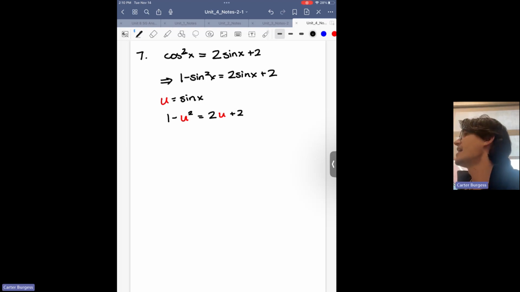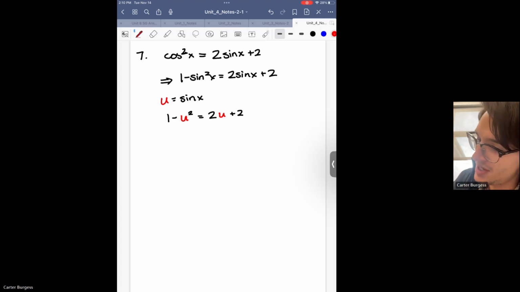I don't like having a negative in front of my u squared, so the way I would probably go about this is adding u squared to both sides and then subtracting 1. Doing so gets me u squared minus, nope, not minus, plus, that's why I did this, plus 2u plus 1 equals 0.